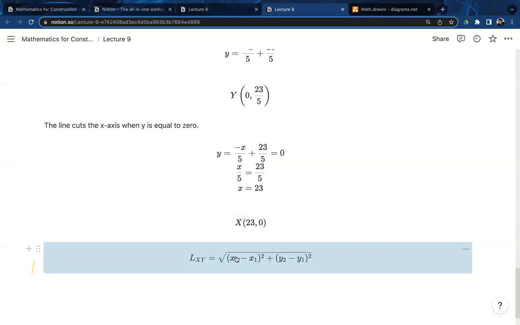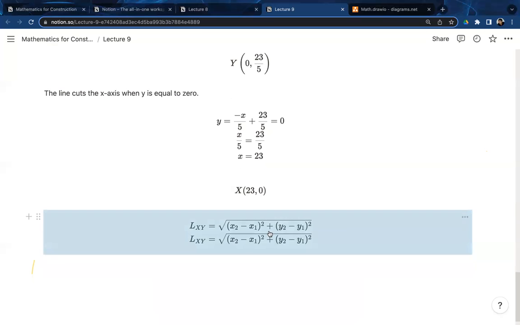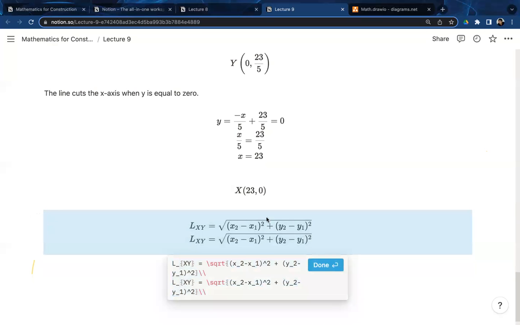So what is the difference in the x coordinates? I could call this x1, y1 and x2, y2, right? So x2 minus x1 is, so this is x1, y1, that is x2, y2 here. This is 23 minus 0. The difference in the x coordinates is 23.